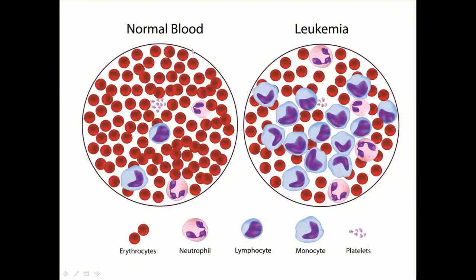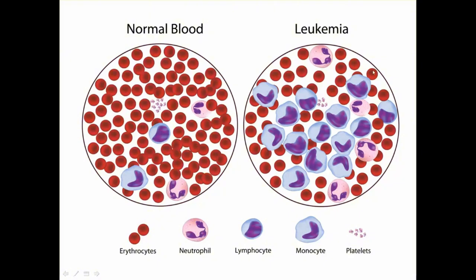Then if you look at the normal blood cells, you can see that most of the cells are RBCs, some platelets, and some types of white cells.